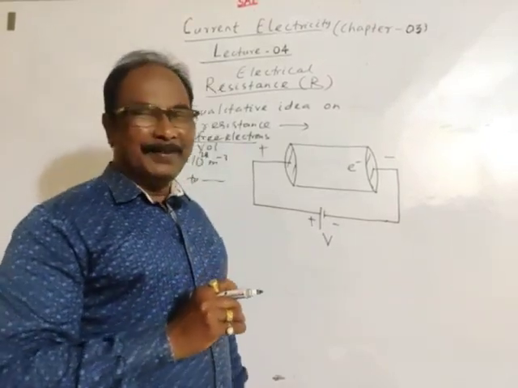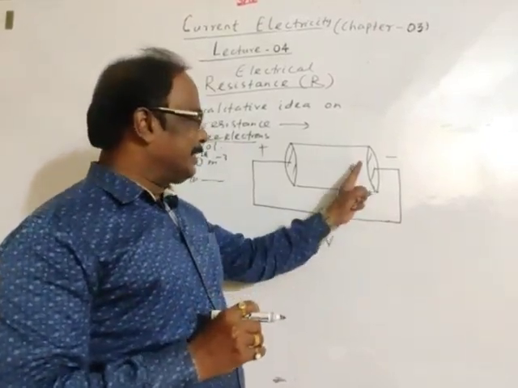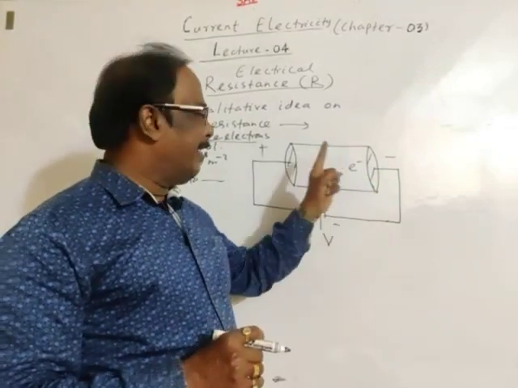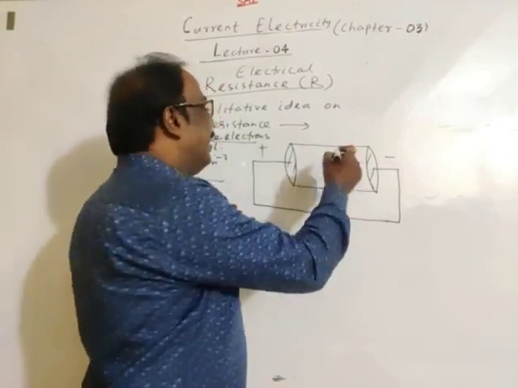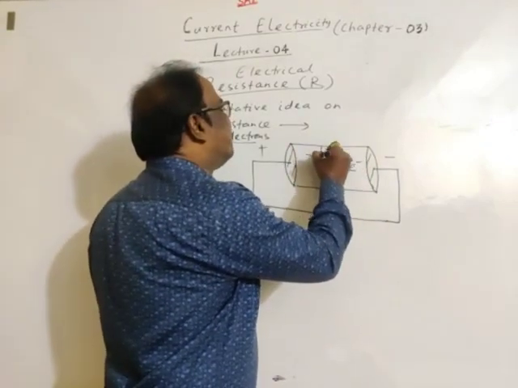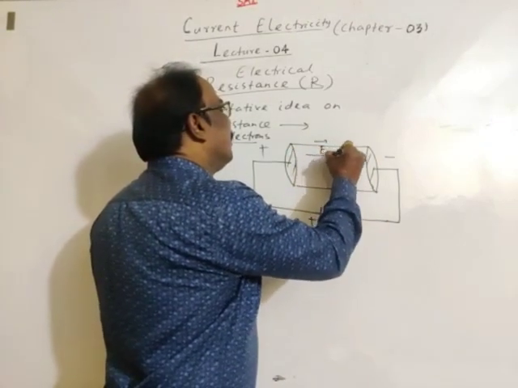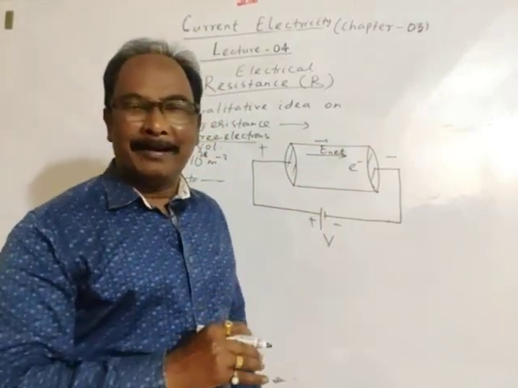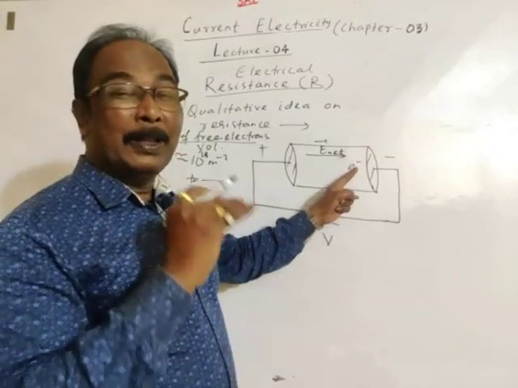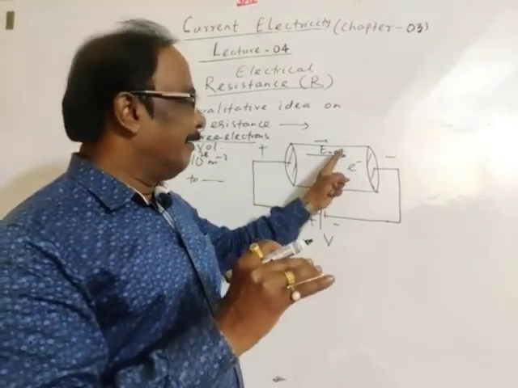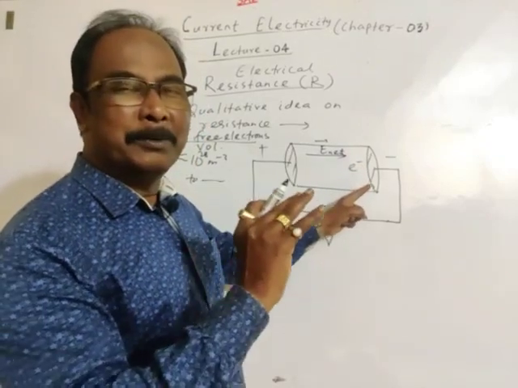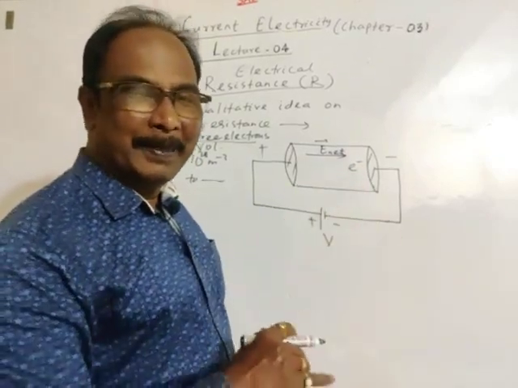These electrons are repelled by the negative terminal and attracted by the positive terminal, and a net electric field is established inside the conductor. So the electrons, under the influence of the external electric field, tend to move from low potential to high potential.